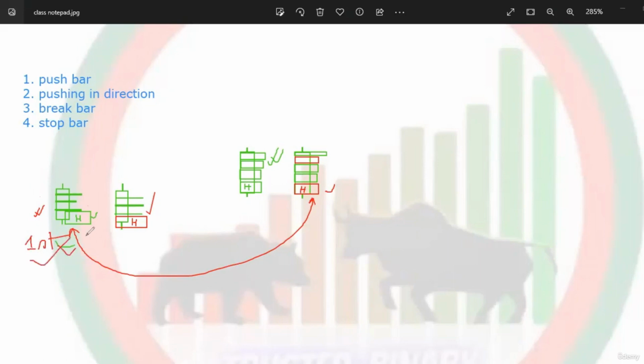This one is very, very powerful and very relevant as a push bar, because all the conditions and situations match in this candlestick.